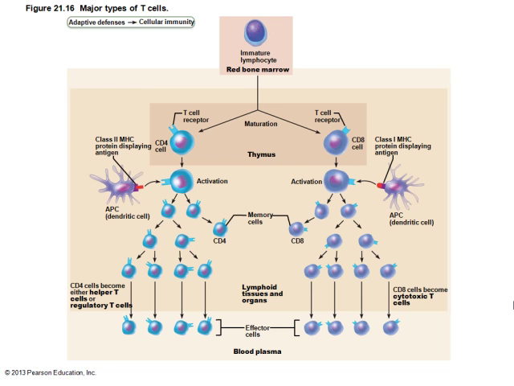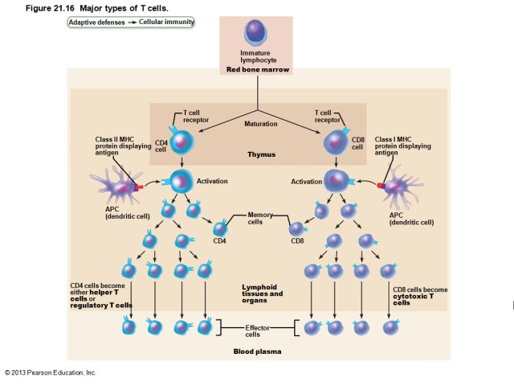CD4 positive T cells, meaning they have CD4 glycoproteins on the surface of the cells, have a very specific name in an immune response. We call these guys helper T cells, or T sub H. And they're going to help organize the immune response.